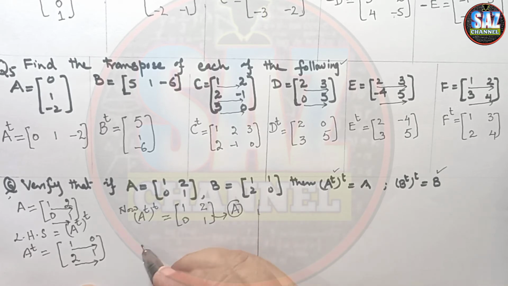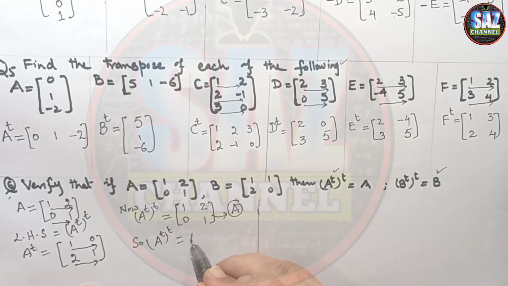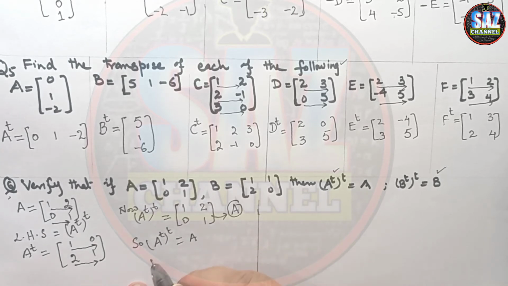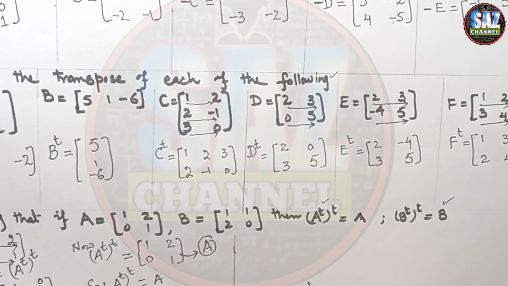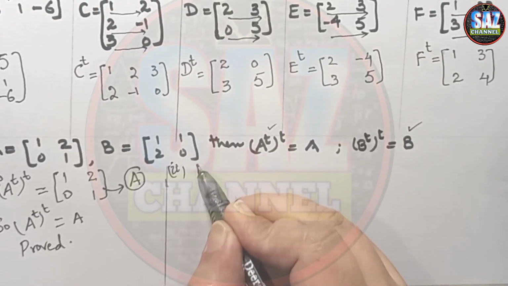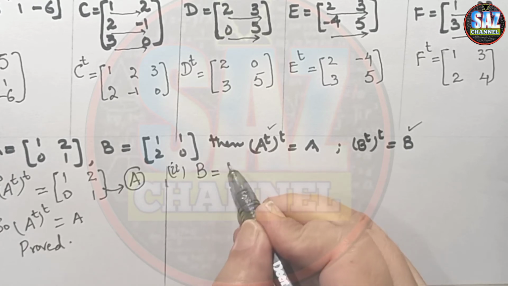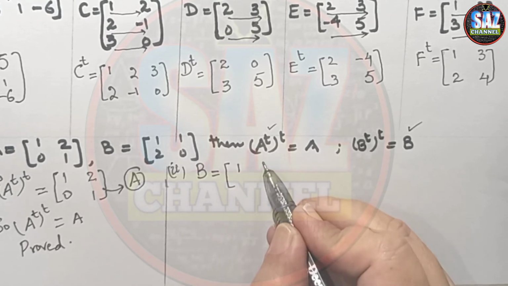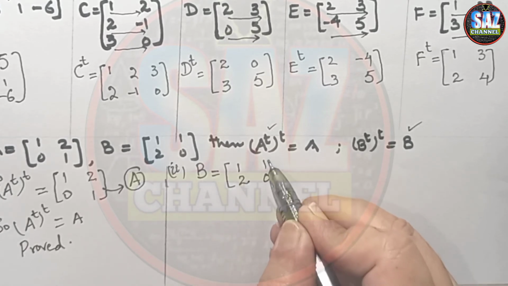So what we can see, that A transpose transpose equals to A, coming to proved. Now coming to the second part, that we have to prove that B transpose and then again transpose of that equals to B. Take matrix B that has entries 1 1 2 0.